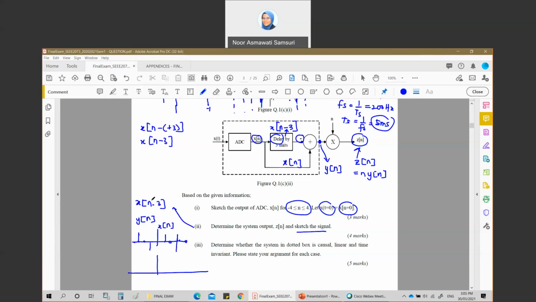The signal being delayed by 3 means being shifted to the positive, to the right by 3. So here is negative 4, negative 3. All signal will be shifted to the right by 3. So at this point, you have something like this. Please check this again, okay?